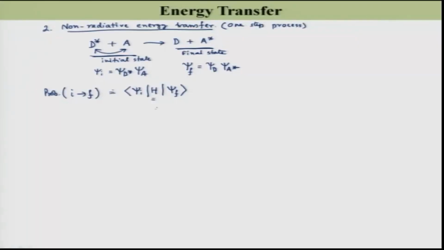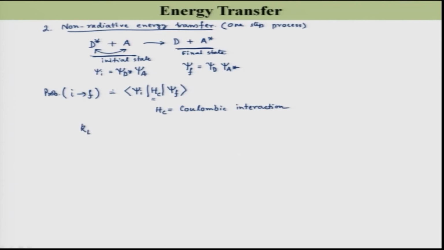Here H is the Coulombic interaction, and in this case I will simply write this as H_C, right, a Coulombic type of interaction.